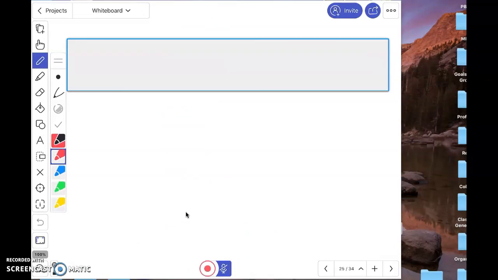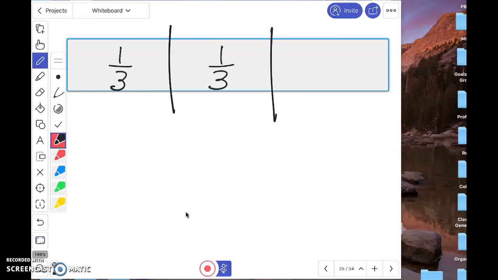Okay, so let's look at why 1/3 plus 1/3 equals 2/3. Super basic, right? If I have a whole candy bar that is broken into 3 equal parts, this is a third, this is a third, this is a third, because altogether I have a whole of 3/3.